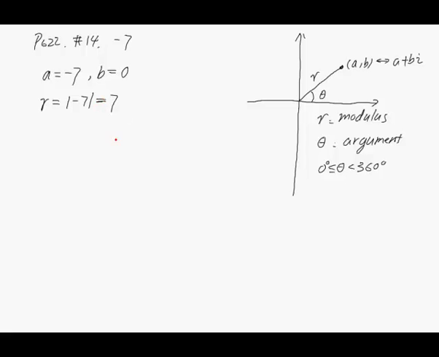Now, let's first get cosine theta. Cosine theta is equal to a over r, so this is -7 over 7, which is -1. Between 0 degrees and 360 degrees, we know theta should be equal to 180 degrees, right?